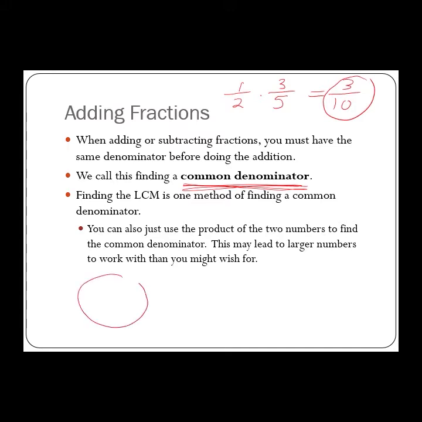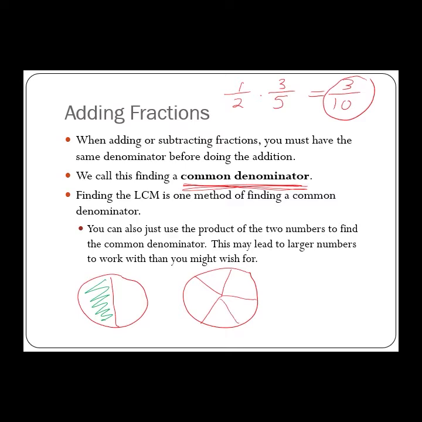If we think about it, 1/2 is something that looks like this because it's one piece of something that's been cut in two. And then this is going to be a little harder to make into 5 pieces, but maybe something like that. 1, 2, 3, 4, 5.